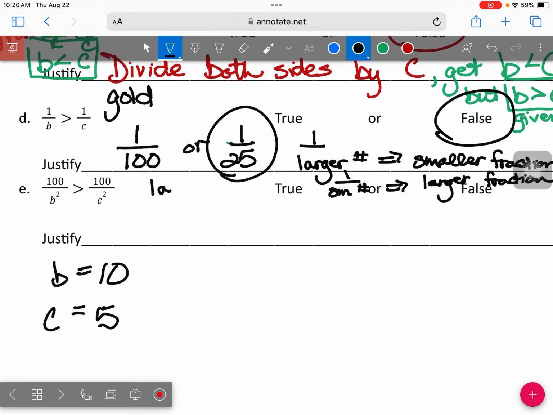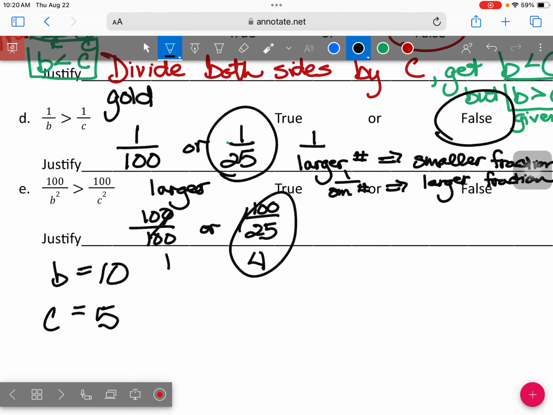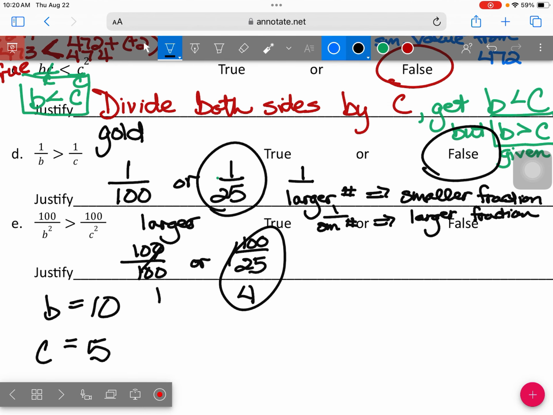If you want the larger piece, would you take 100 divided by 100, or would you take 100 divided by 25? Which one's going to get you the larger? The second one, right? So this one is larger. They are showing the first one is larger, so this is false.